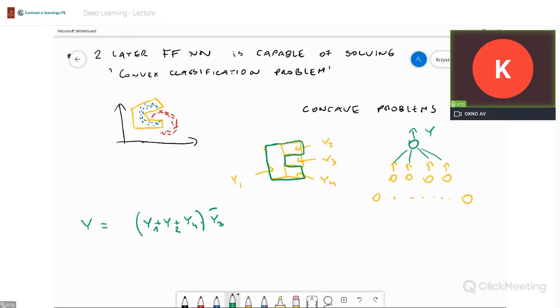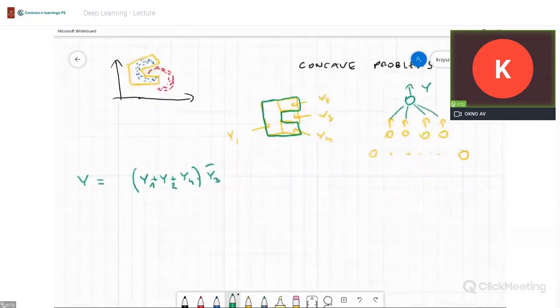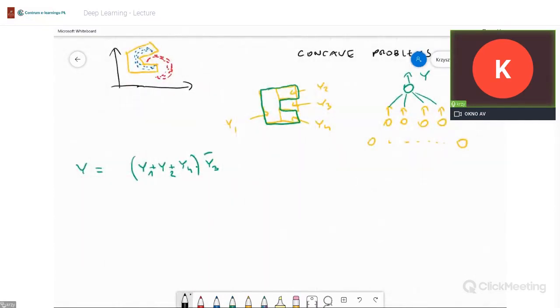So I'm extending my architecture, and now I have a 3-layer structure. I have input neurons, and these input neurons split space using hyperplanes.